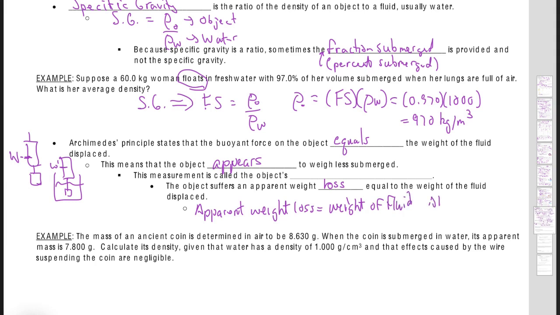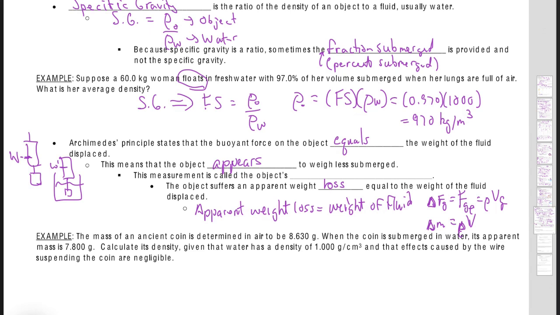So delta Fg equals the weight of the fluid, which is rho Vg, or delta m equals rho V. So you can do all kinds of algebra with equations that we've used in the past.